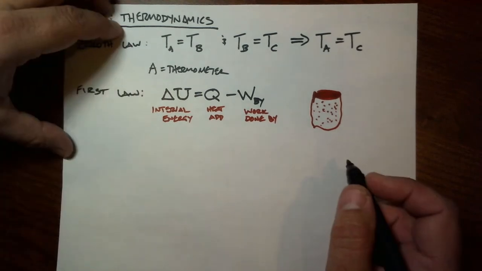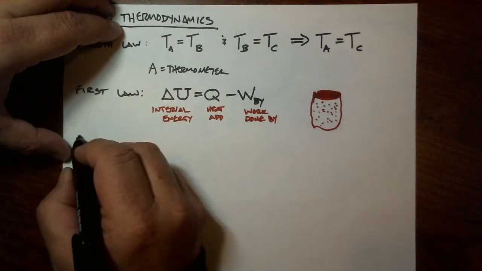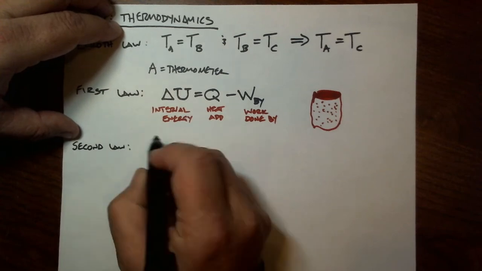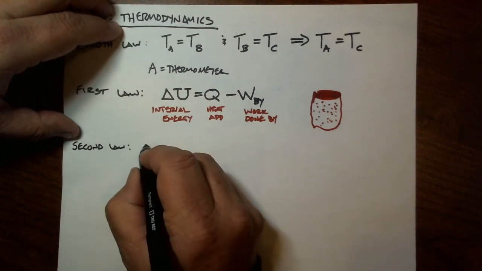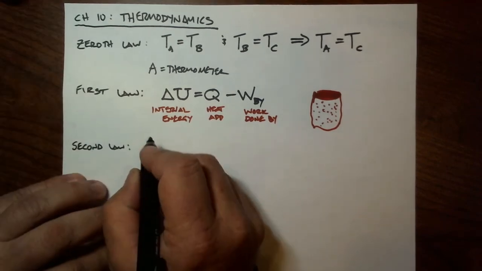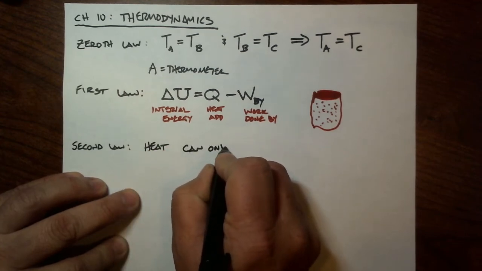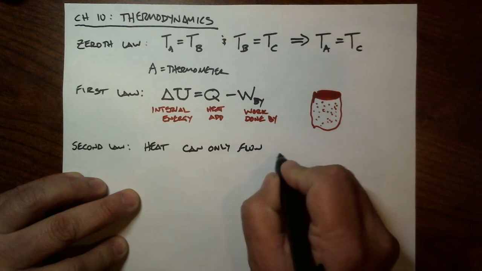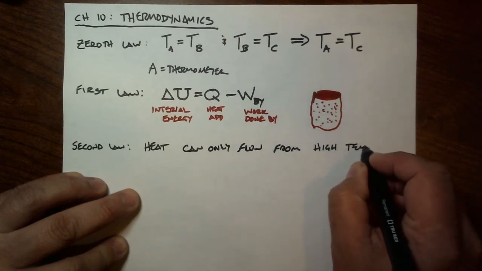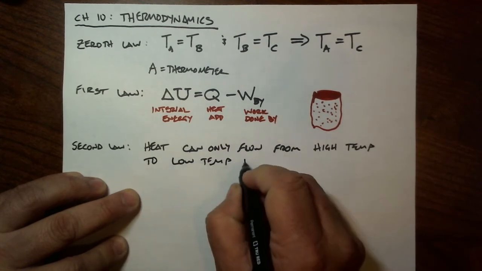Okay, so let's talk about the second law. The second law says that heat can only flow from high temp to low temp by itself.